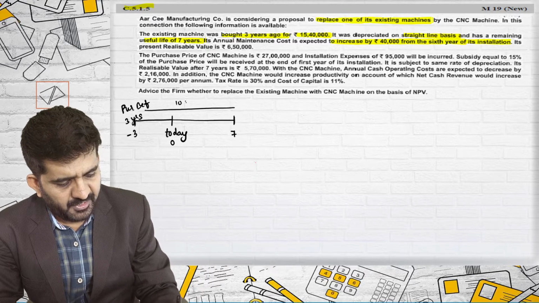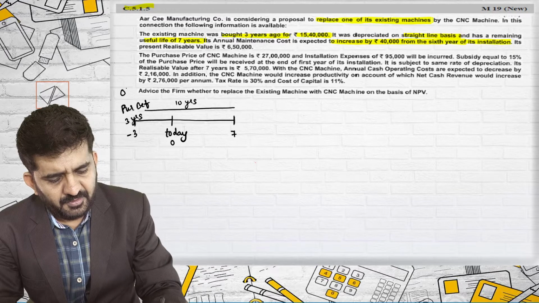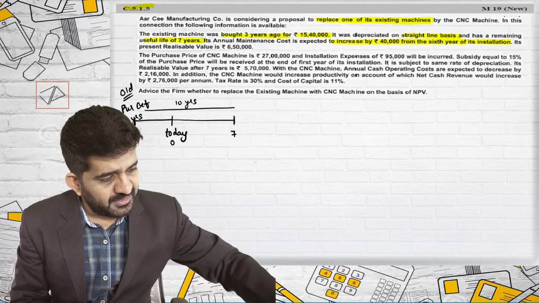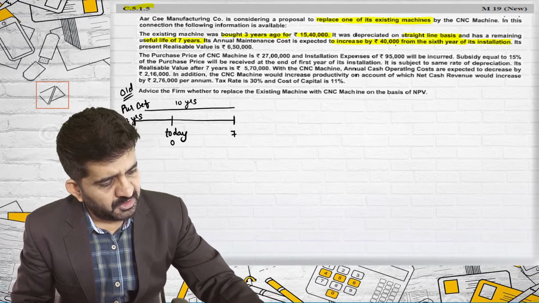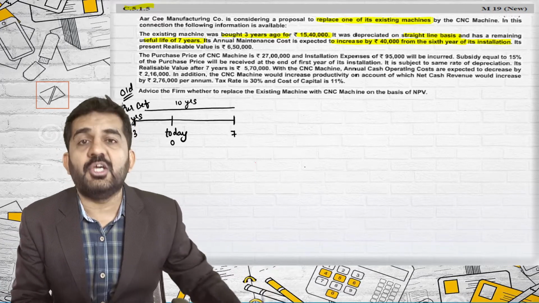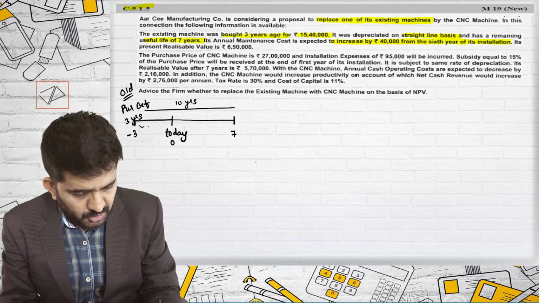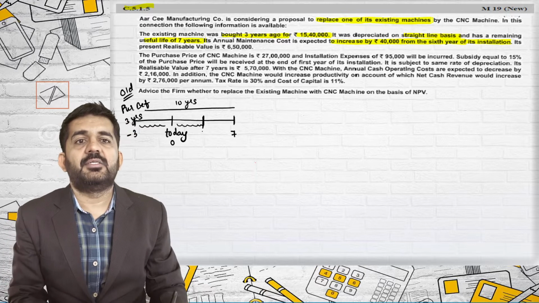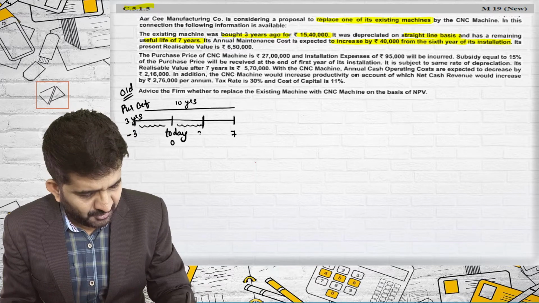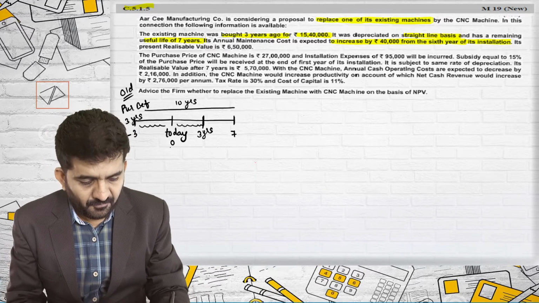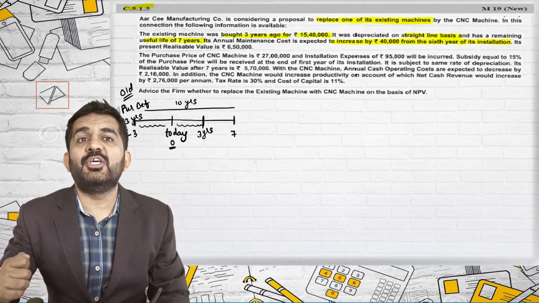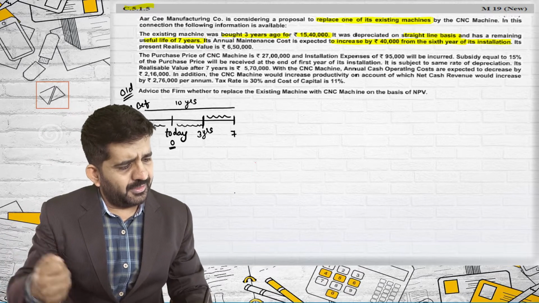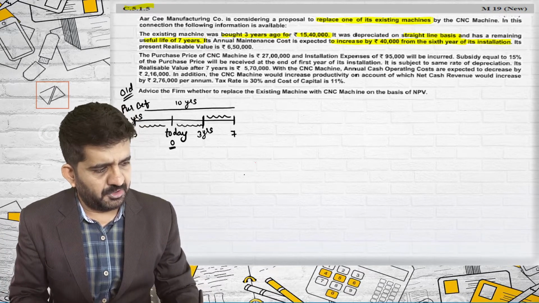Total useful life of 10 years. And we are talking about old machine. It is expected to increase 40,000 from the 6th year of its installation. So 3 this and 3 more this. So after 3 years from today and 6th year from its installation, there will be a maintenance cost increase of 40,000.